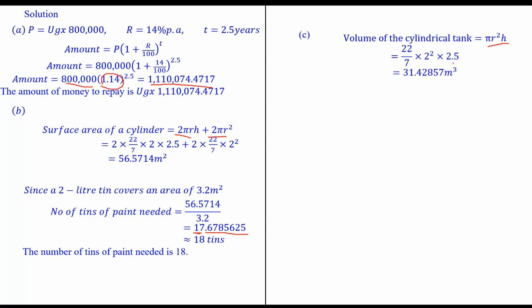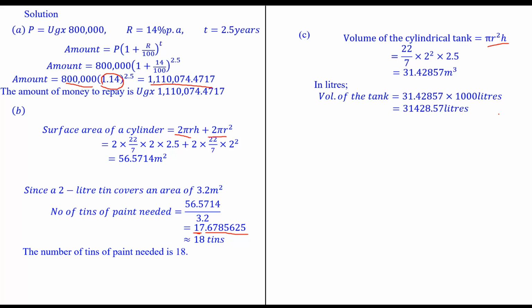So this will be 31.42857 cubic meters. But we know 1 cubic meter is equal to 1,000 liters. So we multiply by 1,000 and get the answer in liters.